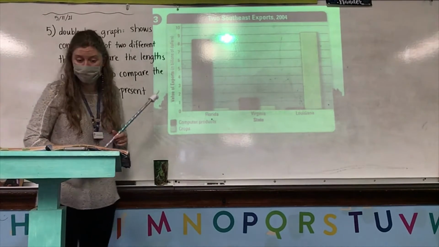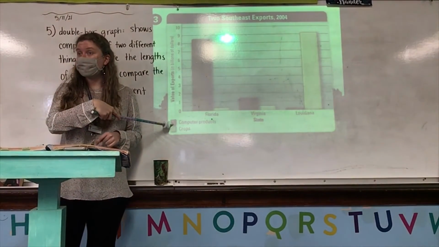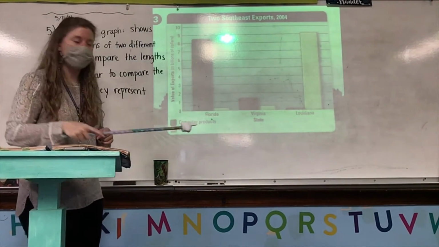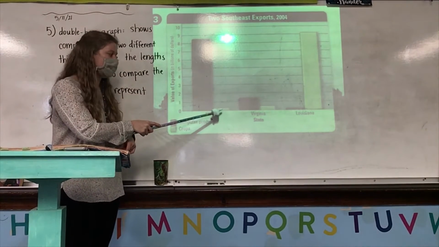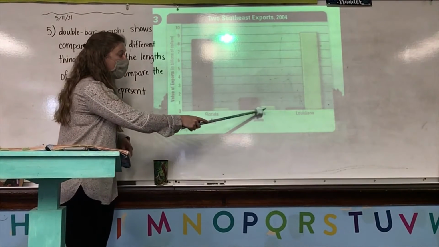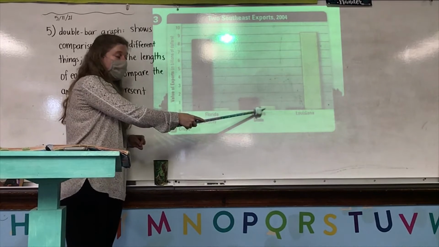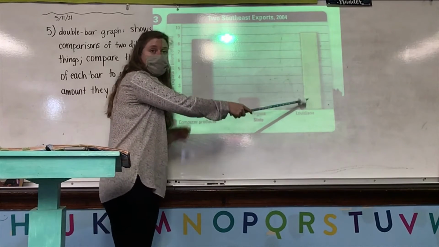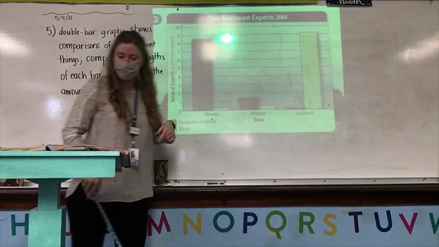And then the yellow represents crops grown in the state and then sold somewhere else. The amount of money made from crops grown in Florida, in Virginia, and in Louisiana and then sold somewhere else.